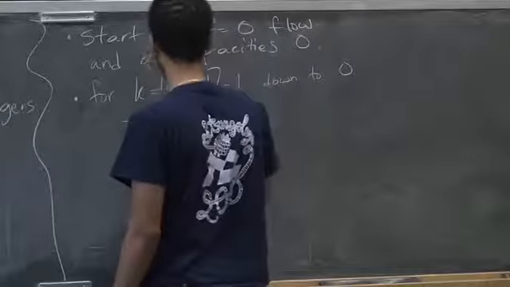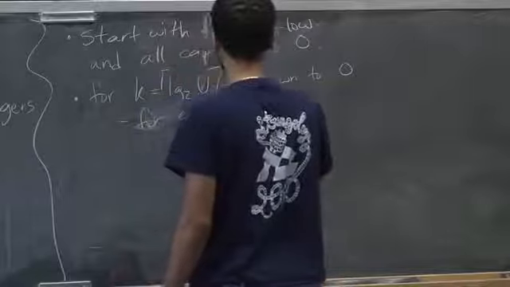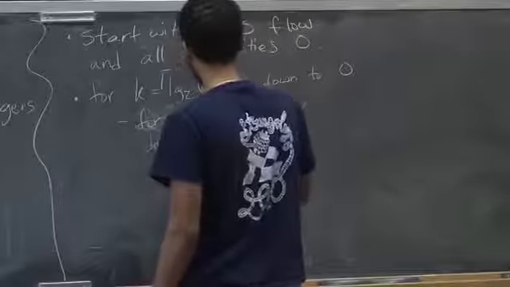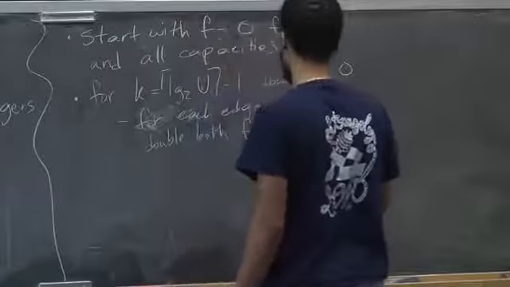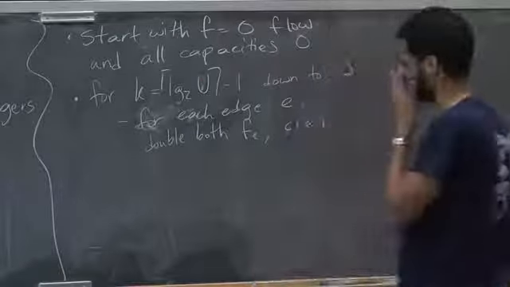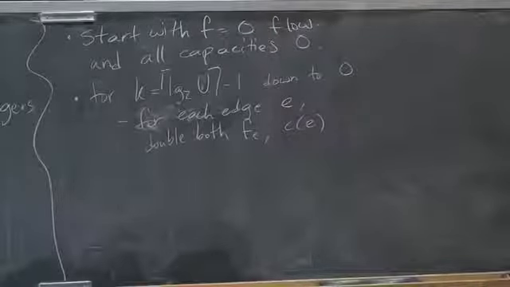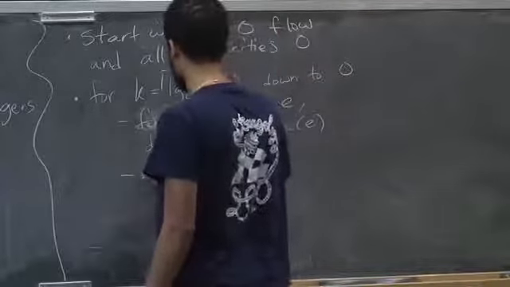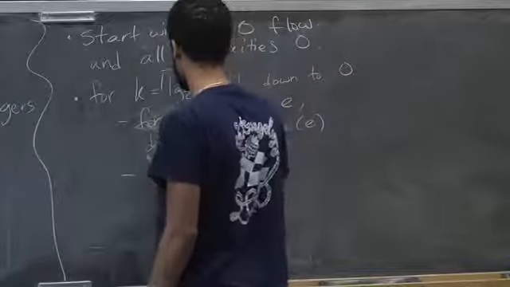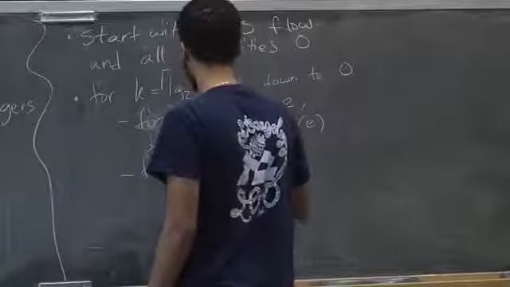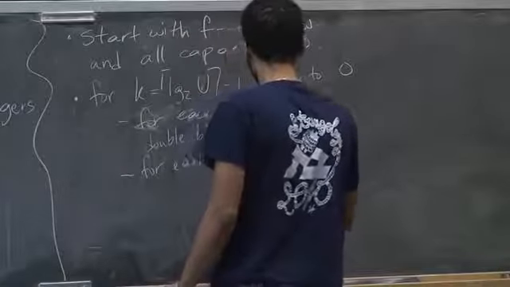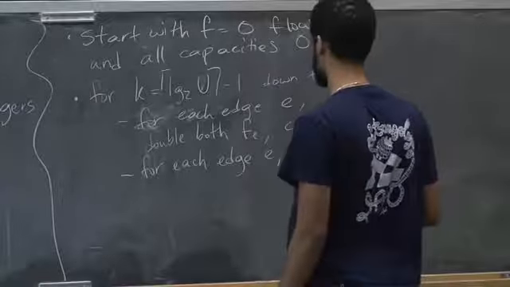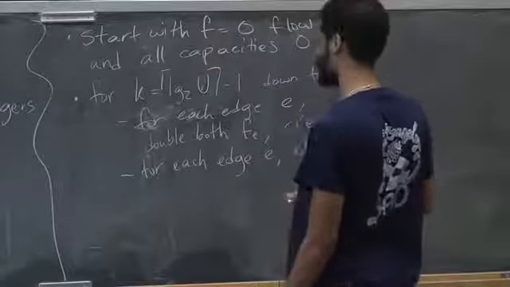So for each edge E, double both the flow on E as well as the capacity of the edge E. Also, for each edge E, double both.